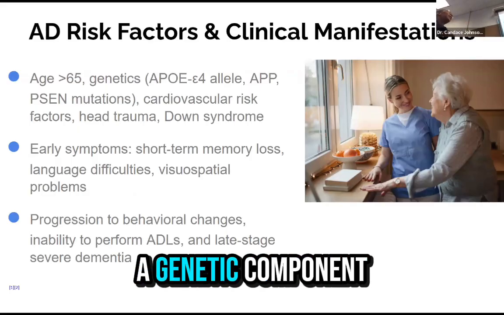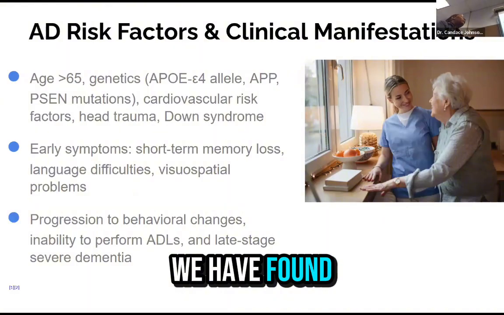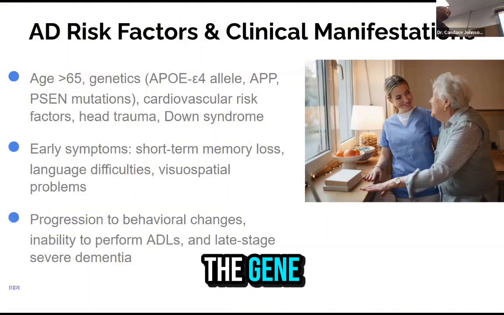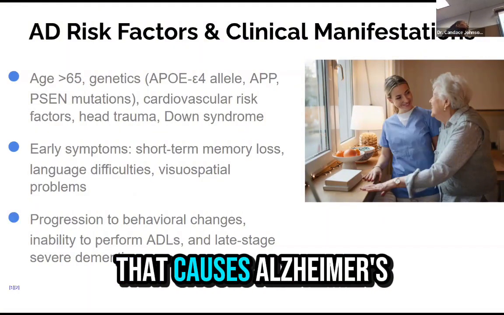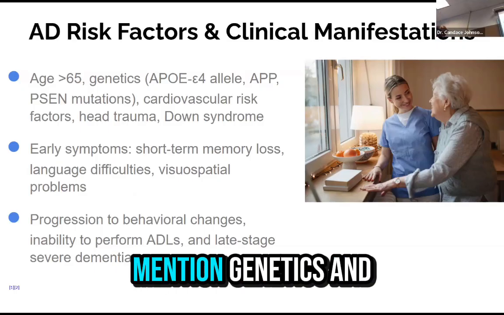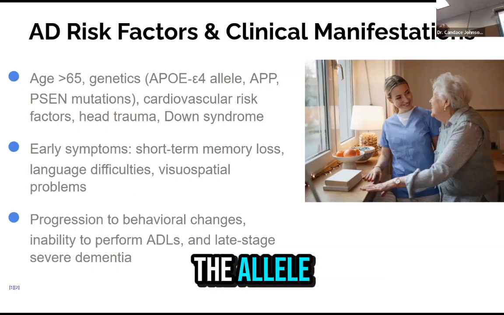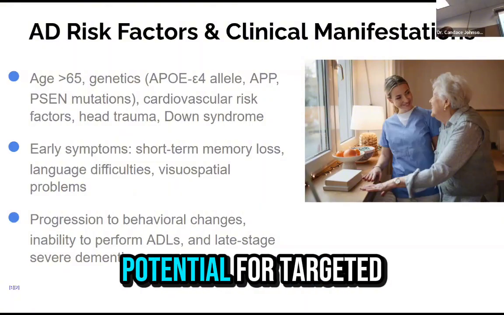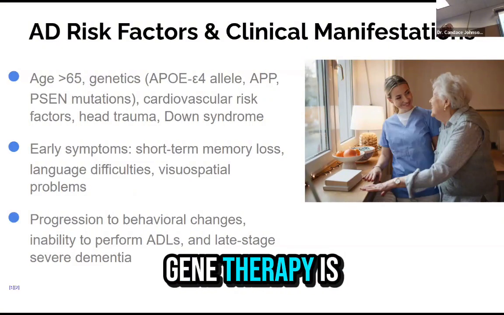There is a genetic component. We have found the allele on the gene and the mutation that causes Alzheimer's disease, okay? Whenever we mention genetics and they actually know the allele, that means the potential for targeted gene therapy is there.